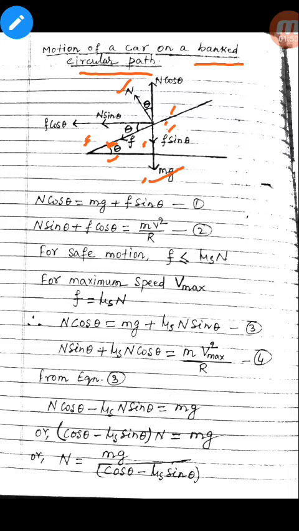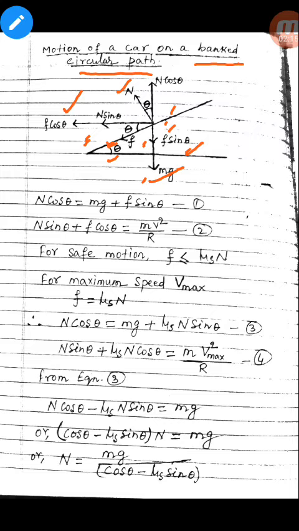The horizontal component of the frictional force will be F cos theta, and the vertical component is F sin theta, in the downward direction.